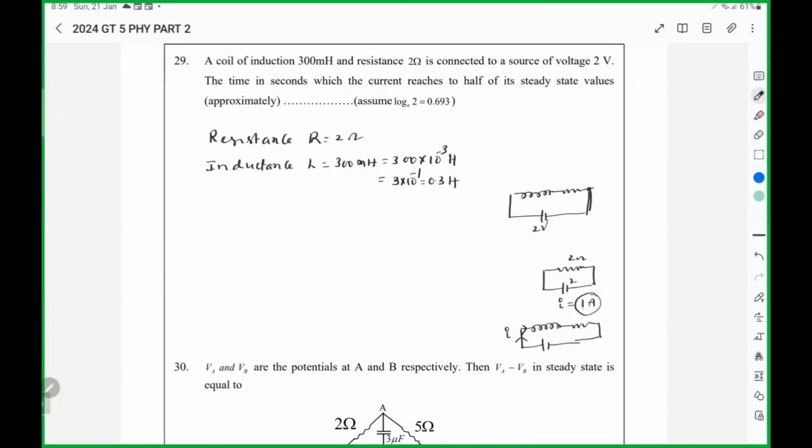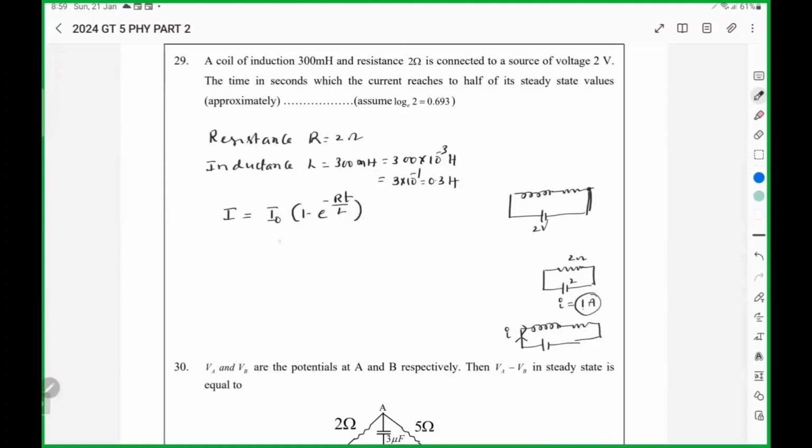Till it reaches the maximum steady state, the current which passes through the inductor keeps on changing, according to 1 minus e power minus Rt by L.